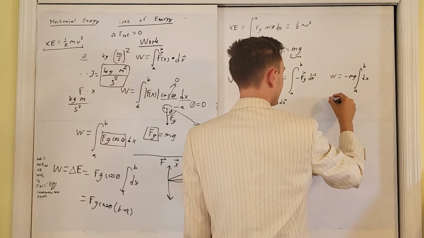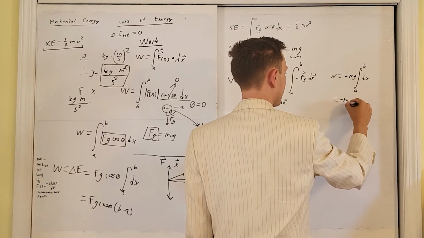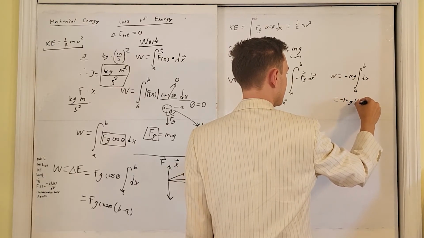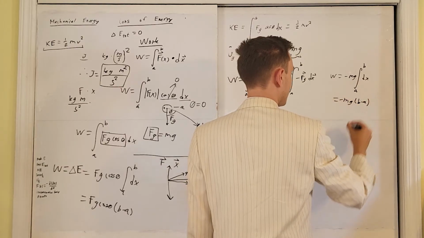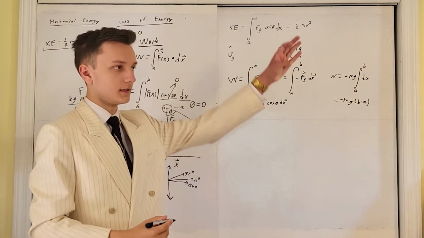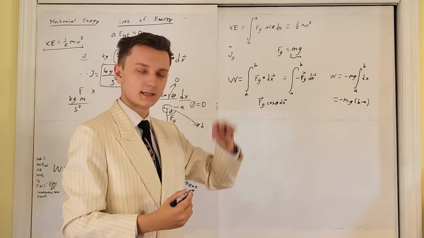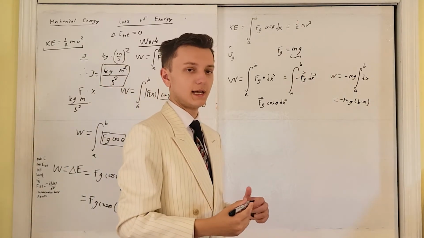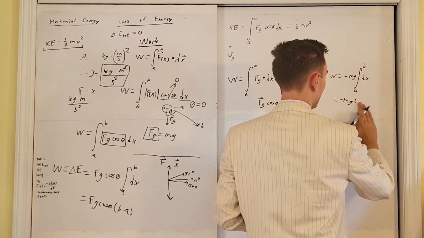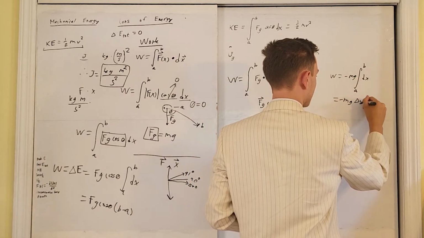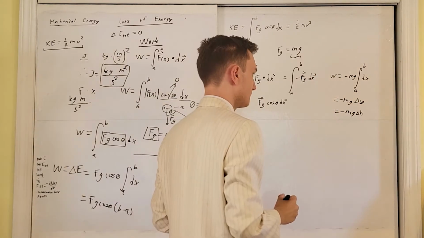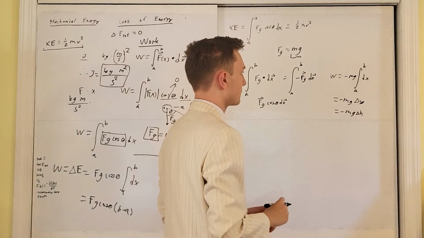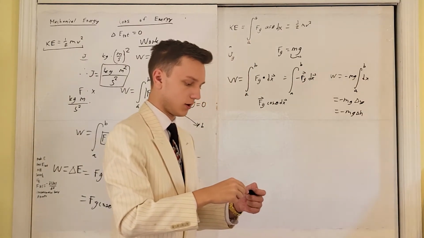Okay? Therefore, that equals negative mg times b minus a. Okay? And since we're dealing in the y space, we're dealing in the vertical direction, b minus a is simply our change in y, or our change in height. So this, of course, represents the work done by the marker, okay?